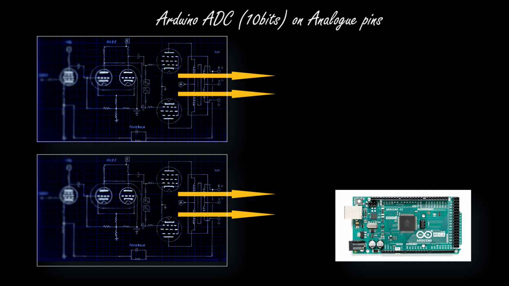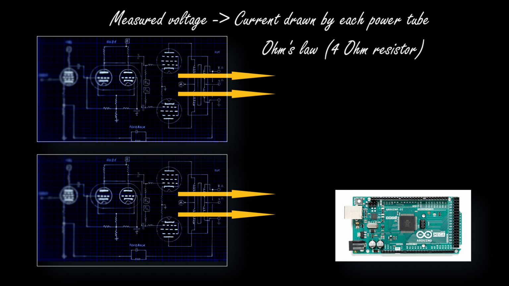The internal analog to digital converters, which are 10 bit analog to digital converters within Arduino, are used to measure in real time the voltage across the 4 ohm resistor, the cathode resistor you see here.